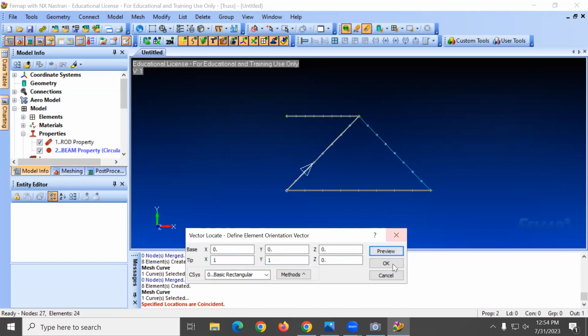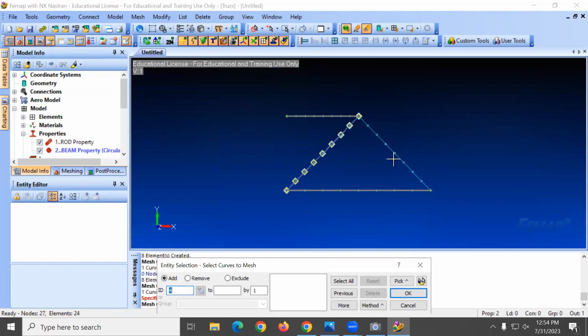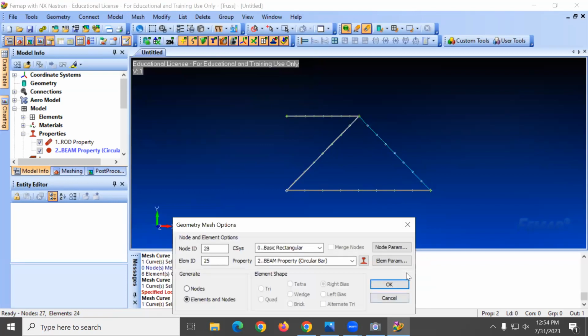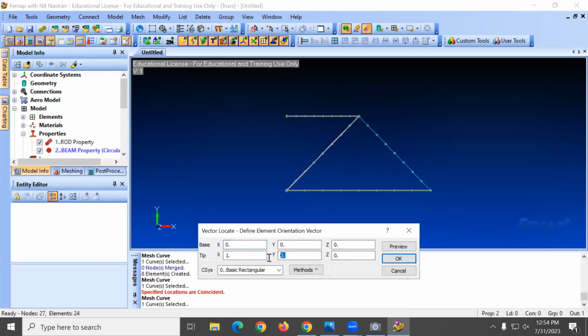What is it doing on that one? Mesh geometry curve, but still, so 1, 1. Okay, as long as it's perpendicular in that direction, so let's see, 1, 1. Now it's going to give you this one. So 1, 1 is going to give you this.